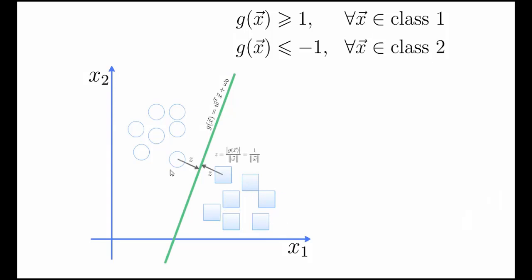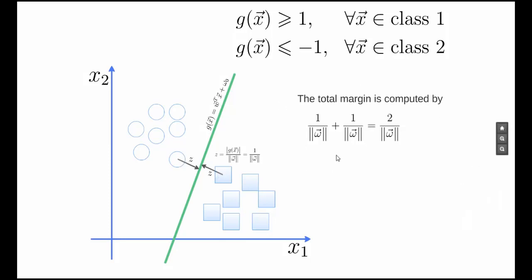We can say that the distance from the closest elements will be at least 1. The modulus is 1. And from the geometry we know that the distance between a point and a hyperplane is computed by this equation. So the total margin, which corresponds to this distance, would be computed by this equation.